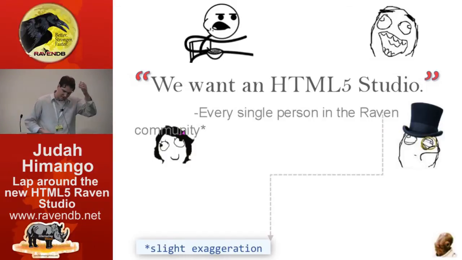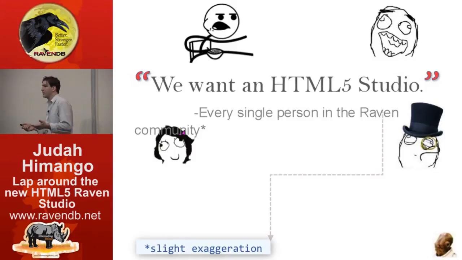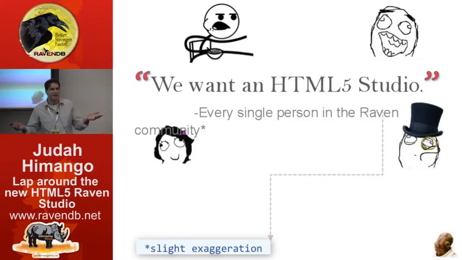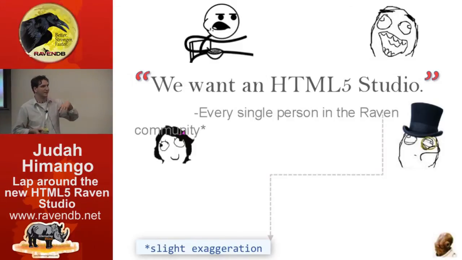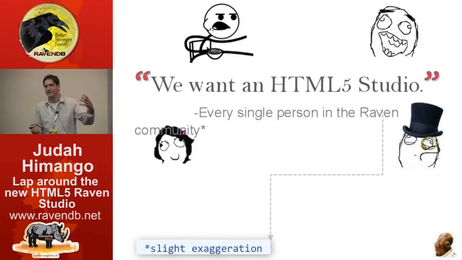Of course, some of the nice things that we get being off of Silverlight is we have a nice cross-platform story. Most of us now have tablets, probably an iPad, something like that. You can totally use the studio from those things now. And many of us have Macs. Even though Silverlight did sort of run on the Mac, you had to install stuff, right? You had to download the plugin.